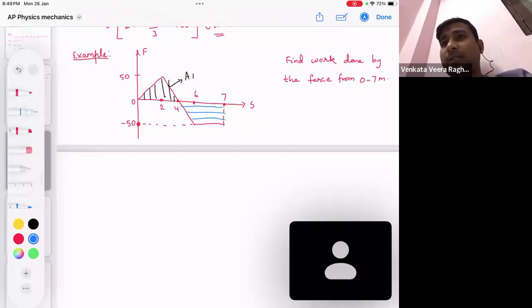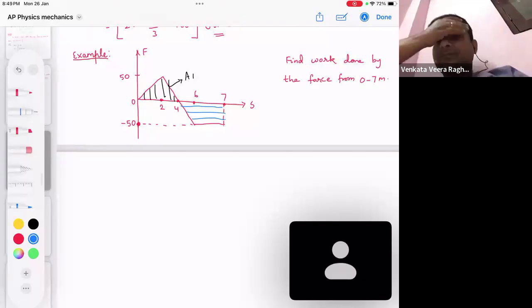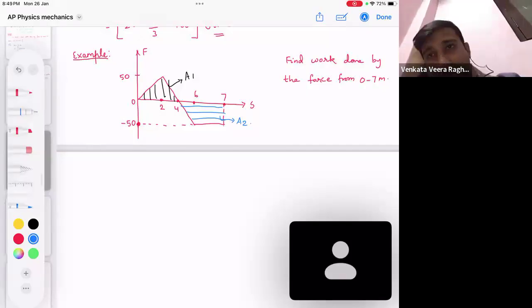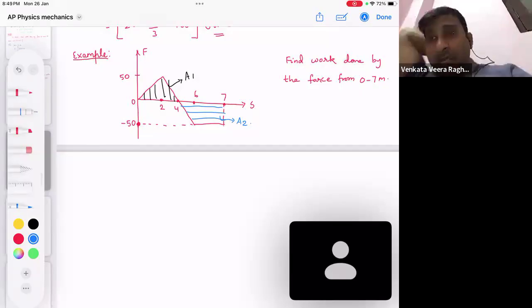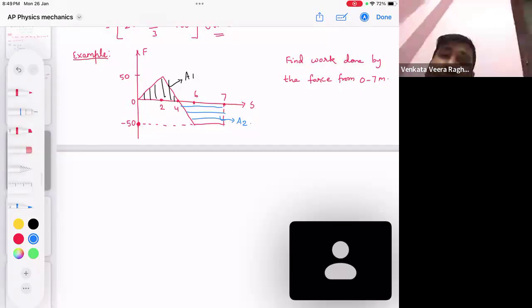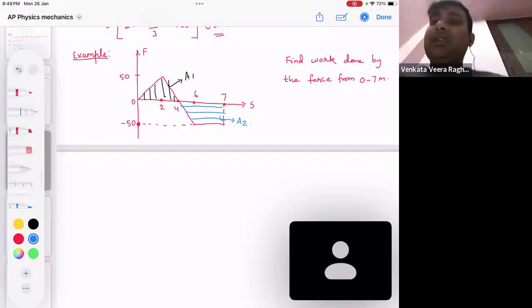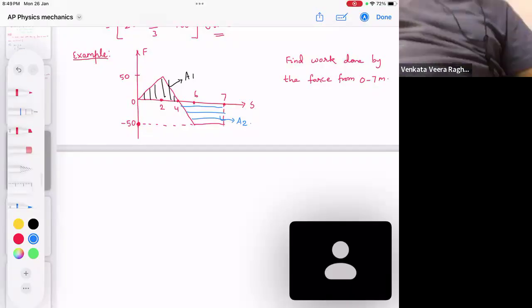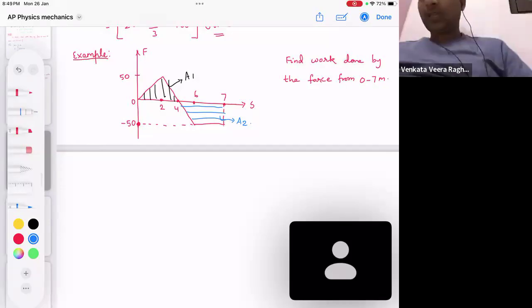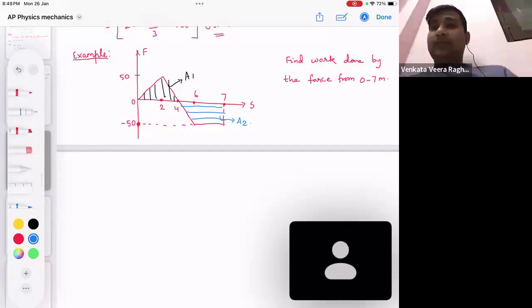Calculate individually what is A1 and A2 coming to us, and then you can add them. A1 you will take it as positive, A2 you will take it as negative, right?